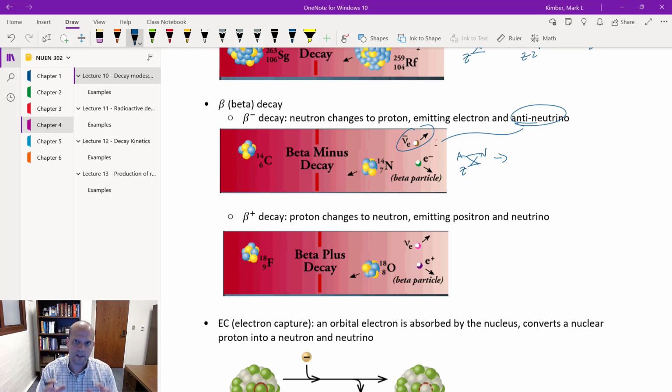And what happens is, because I had a neutron change to a proton, I didn't change the total number of nucleons, and so I still have A here, but my protons increased by 1 and my neutrons decreased by 1. And so these stay the same. And so if you look at the chart of nuclides, then you're going diagonally up to the left in that decay process.